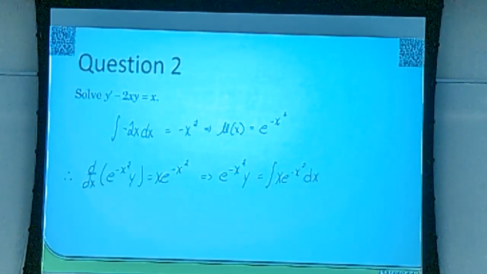So this is just plain, simple u substitution, the very first change of variable technique you learned. What is your u? Negative x squared. Your du is negative 2x dx. So it's negative a half, then it's just the antiderivative of e to the u, which is e to the u.